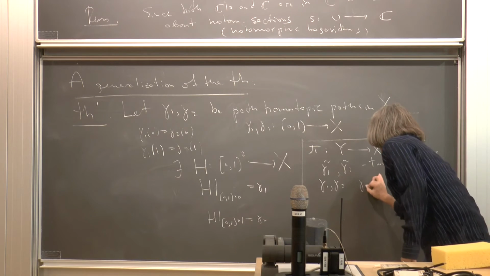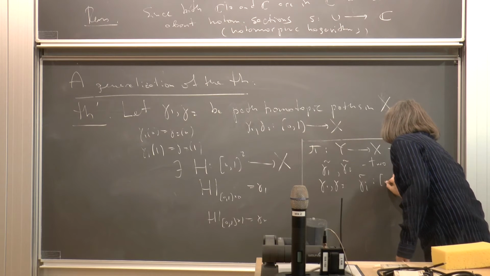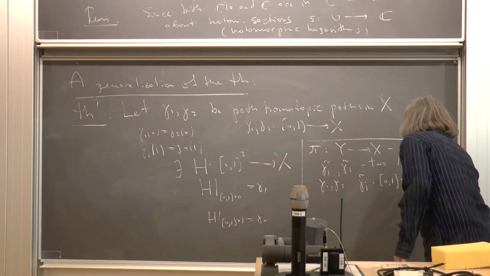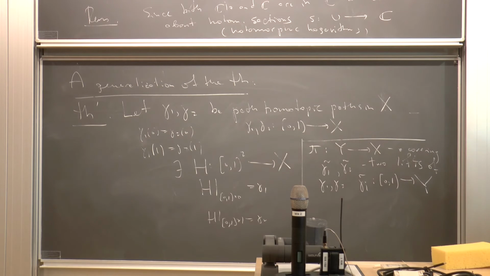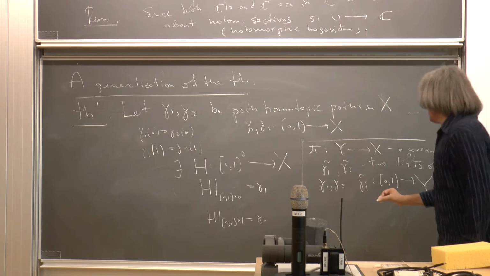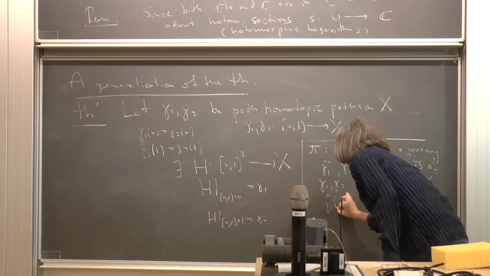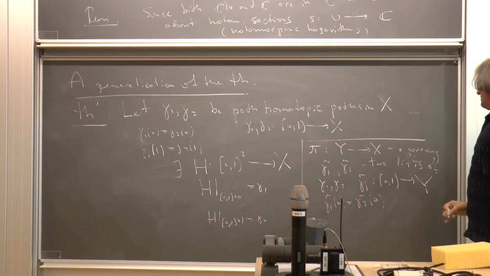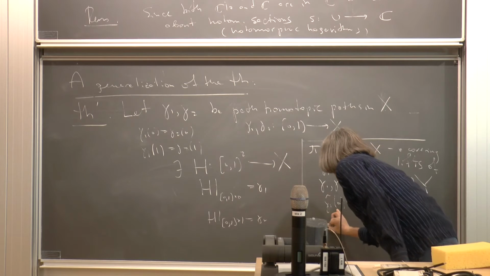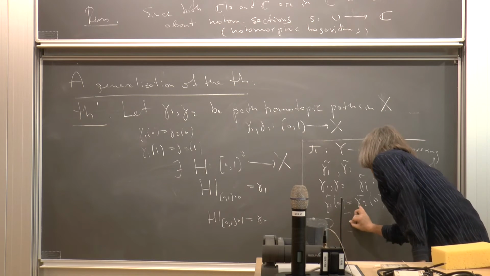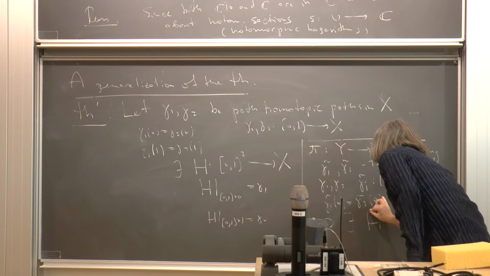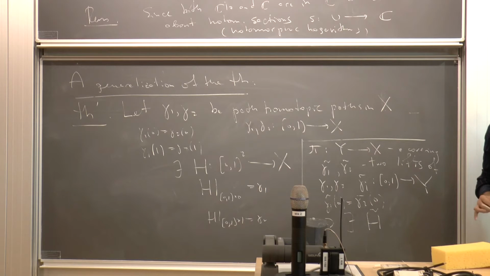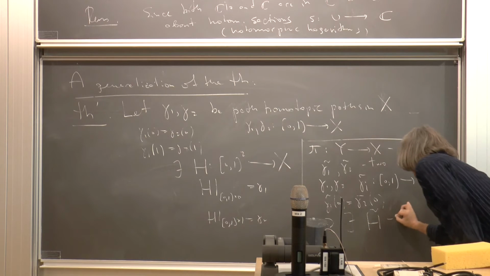So gamma i tilde go from [0,1] to Y. Both of them start from the same point: gamma 1 tilde of 0 equals gamma 2 tilde of 0. It follows that they are homotopic. There exists a lift of the homotopy, H tilde.